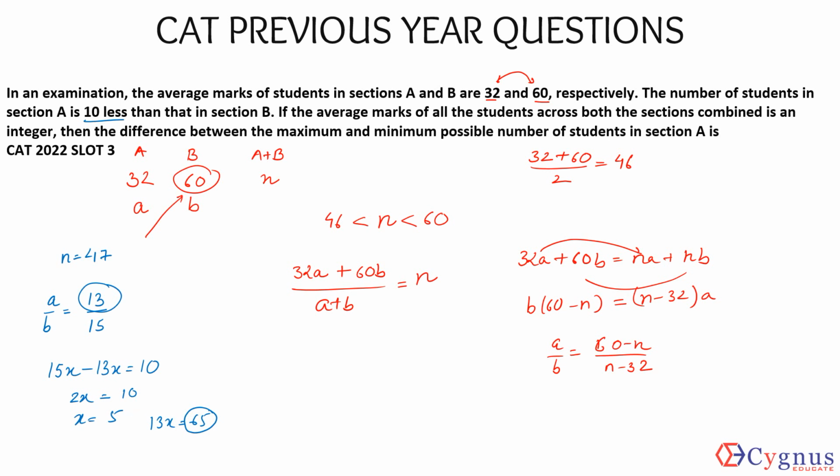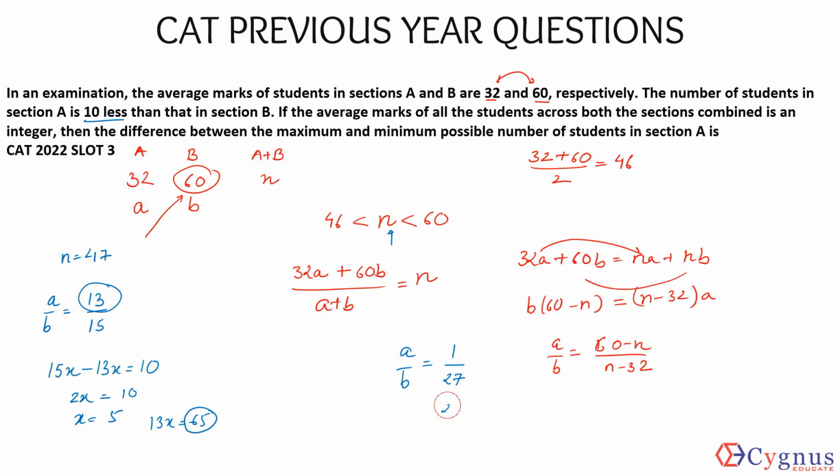What's the next case? I'll take the maximum possible value of n, which has to be 59. When you put n equal to 59 here, what do we get? A by B is equal to 60 minus 59, which is 1, and 59 minus 32, which gives you 27.